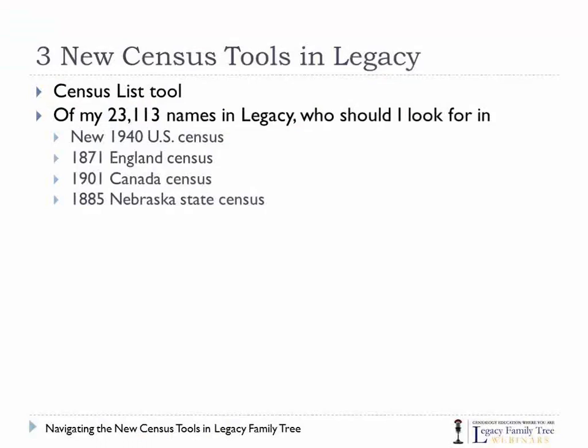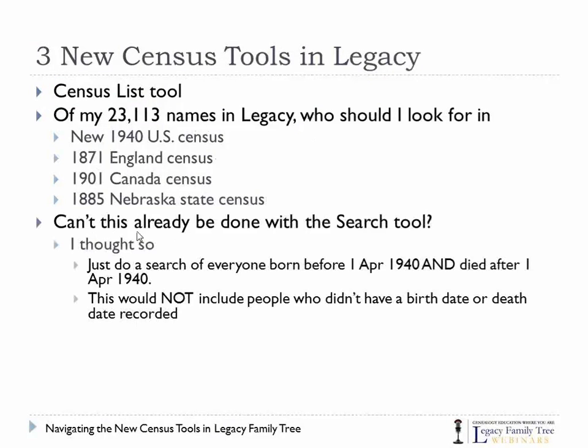Or can't this already be done with Legacy's search tool? I thought it could, and so for a small class, I was preparing to show this. And so I thought that you could just do a search of everyone born before this date who also died after that date. In other words, that would give me a list of everybody who was alive on that date.